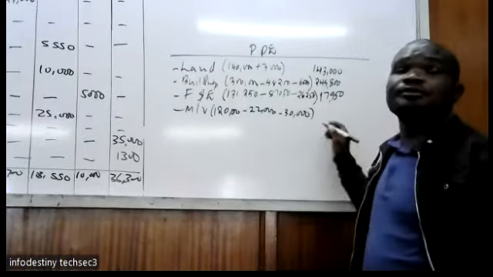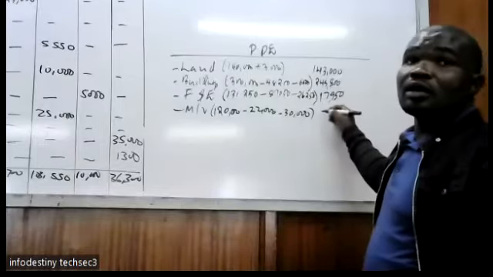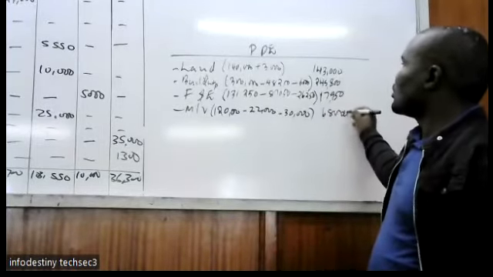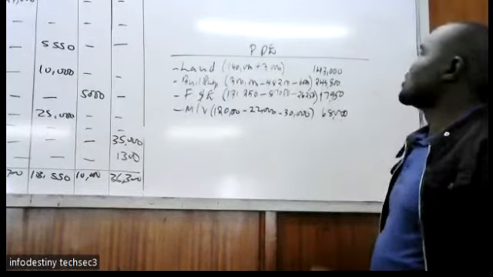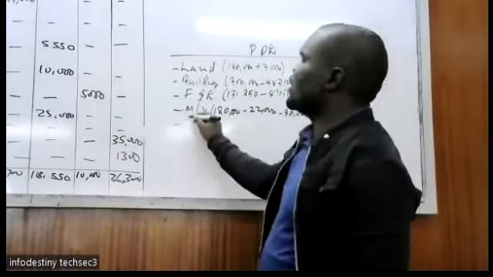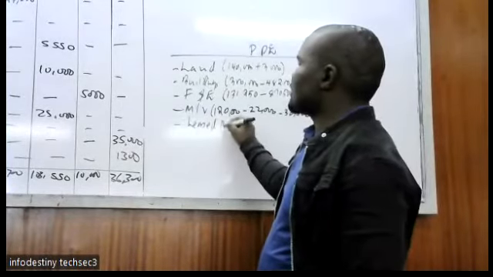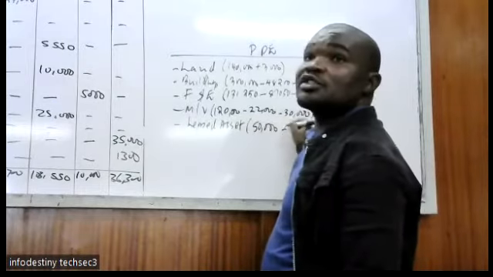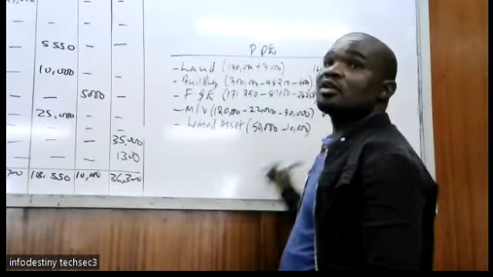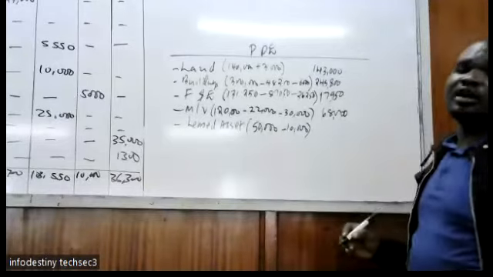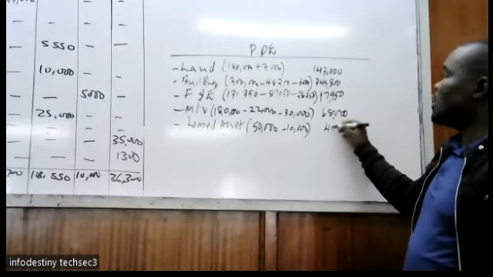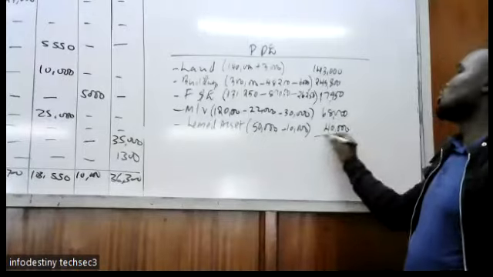How much is this? 16,000. Then there was the lease assets. The cost was 50. Depreciation this year we charged how much? 10. We got 50 over 5 years. So here is remaining how much? 40.